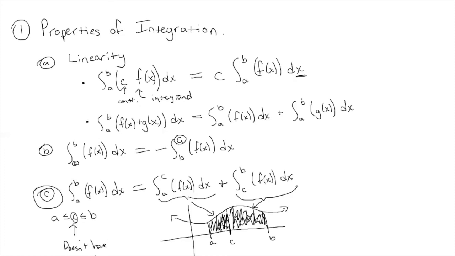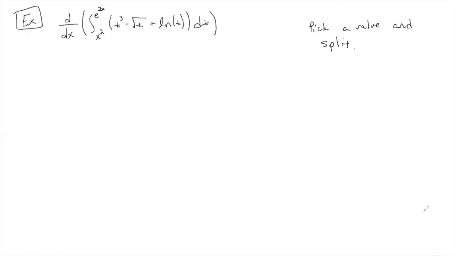So what does that mean? It means that I can pick any value at all and split this integral. It could be less than a, it could be greater than b, it could be in between. It could be equal to a or b, it doesn't matter. The way that integrals work, the negatives end up canceling each other. So everything works out.